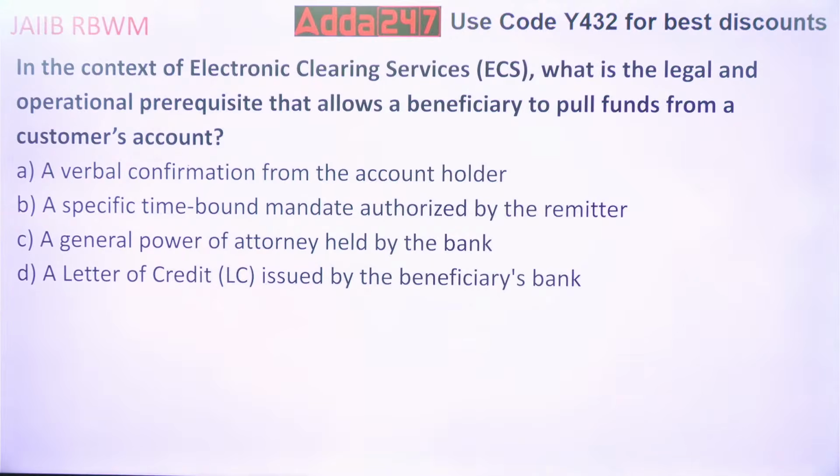A verbal confirmation from the account holder, a specific time-bound mandate authorized by the remitter, a general POA held by the bank, a letter of credit issued by the beneficiary bank. This is a very good one. Yes, the answer is B, correct. Time-bound mandate.